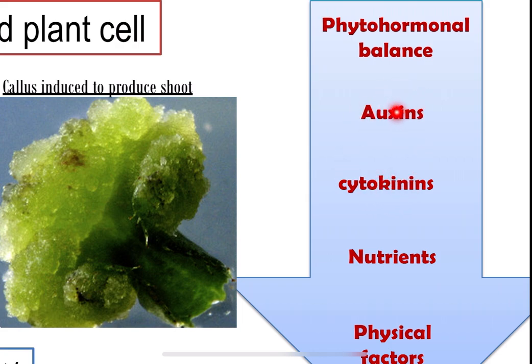So auxins promote root formation and cytokinins promote shoot formation. So accordingly you can manage and balance these two phytohormones. If you want rooting, you can apply more quantity of auxin compared to cytokinin, and if you want shooting, that is formation of shoot, you can apply cytokinins.